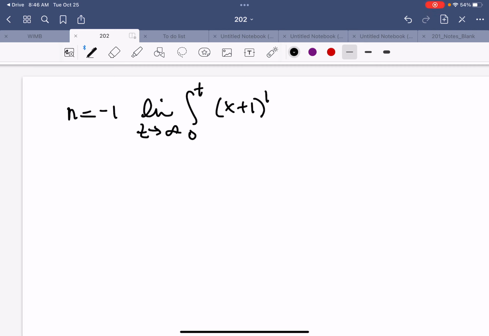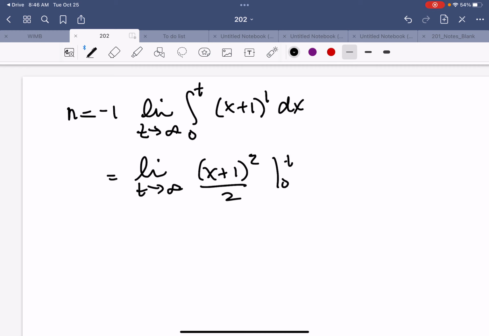Negative n, and n is negative, makes it positive. So this is going to be the limit as t goes to infinity of (x plus 1) squared over 2 from 0 to t. And that's going to give you (t plus 1) squared over 2 minus 1/2.